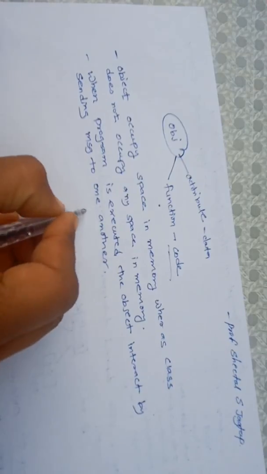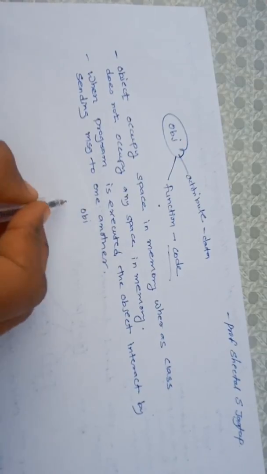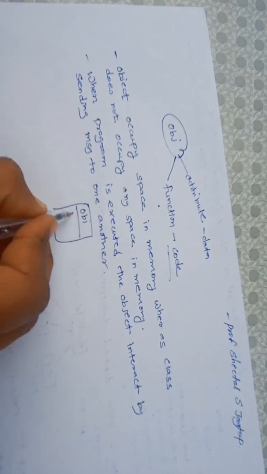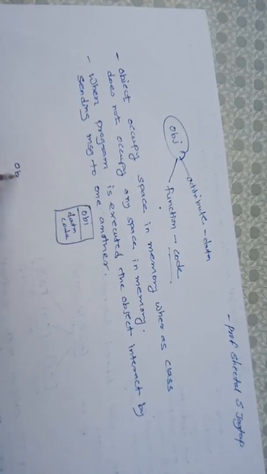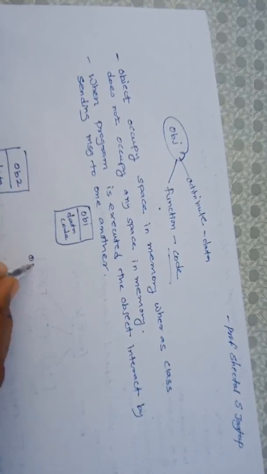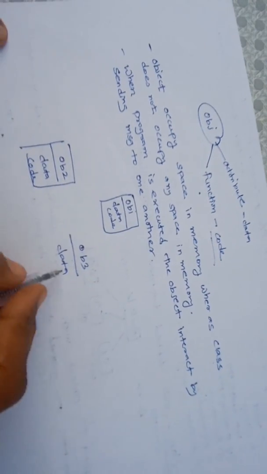For example, if there is an object 1 which consists of data and code, that is attribute and function, it will interact with another object which consists of data and code, and another object as well.